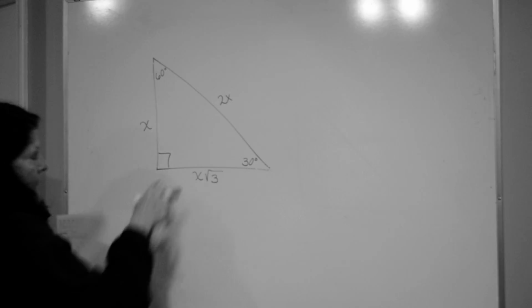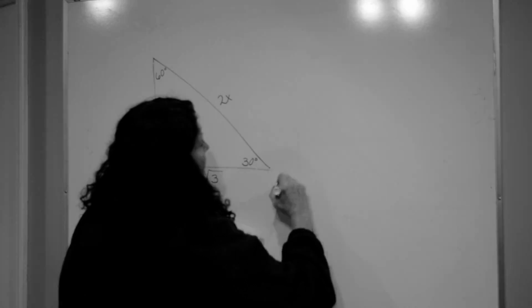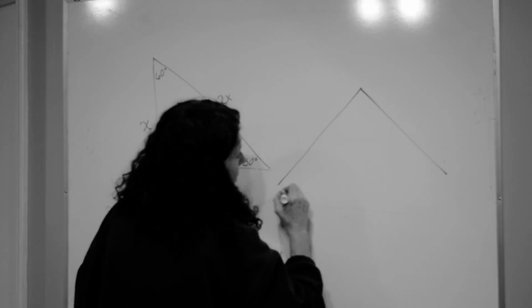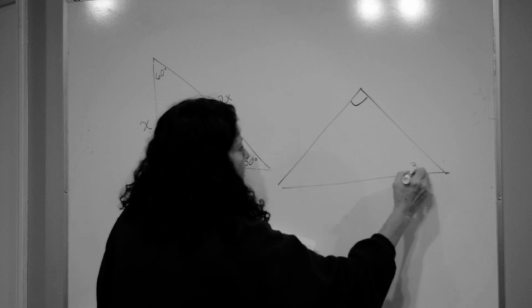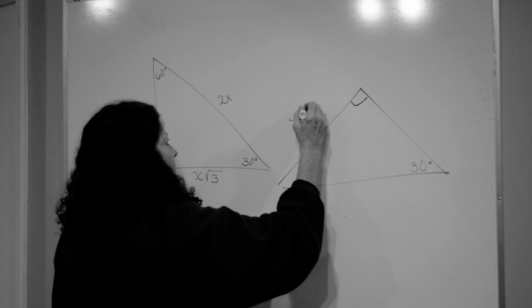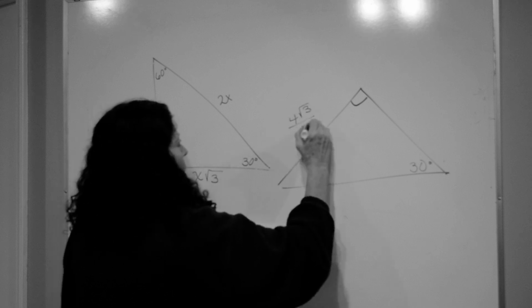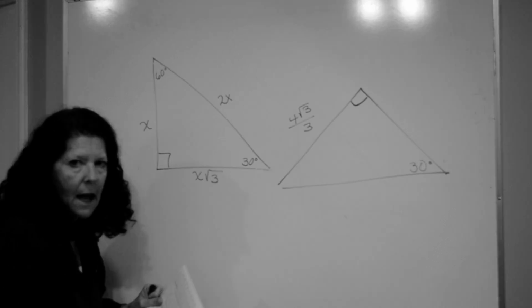Still remembering your basic pattern. This is another 30, 60, 90. There's your 90 degrees. Let's say this is your 30 degrees, and this is going to be 4 square root of 3 over 3. Well, you know your side opposite your 30 is equal to x.